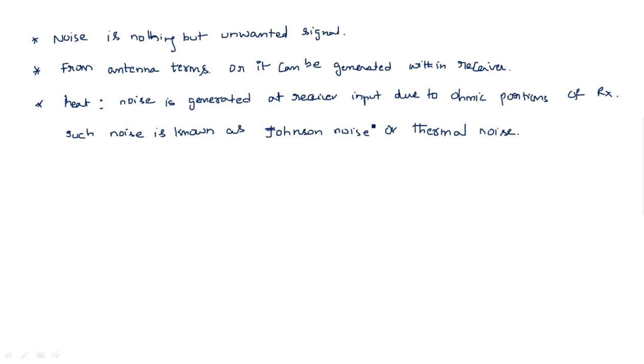Johnson noise or thermal noise is the noise due to the ohmic contacts of the receiver input stages, because of their heat at the receiver input stages. This noise is known as Johnson noise or thermal noise. Thermal is nothing but heat. That's why it is thermal noise.